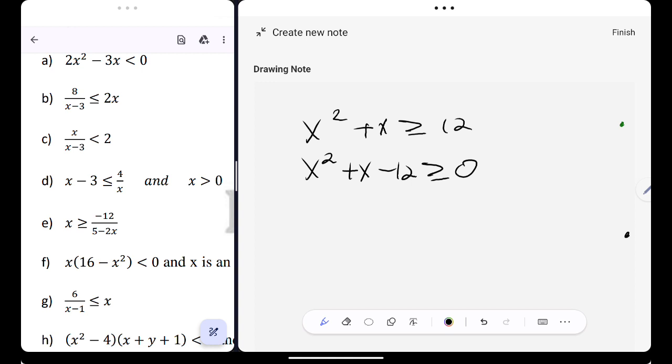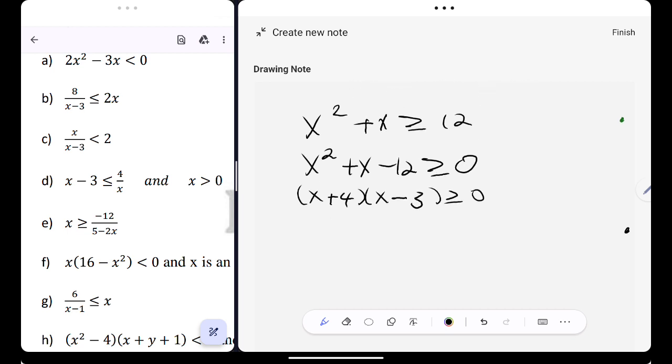Okay, now I must factorize because everything is in standard form now. I want the factors of 12 that when I subtract will give me 1. Those factors are 4 and 3, and the bigger factor will always take the sign of the middle term. Are we together? Then after factorizing, I can therefore find my critical values.